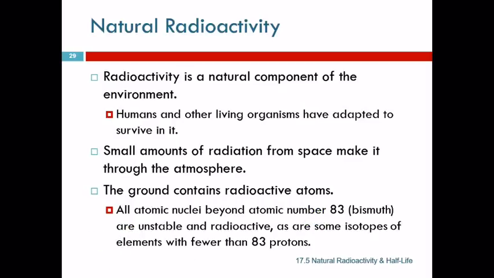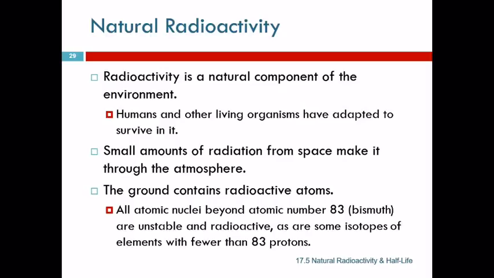So if you look at the periodic table, after bismuth, you see the atomic masses are all in parentheses because they're unstable. There are also certain isotopes of the smaller elements that are radioactive.